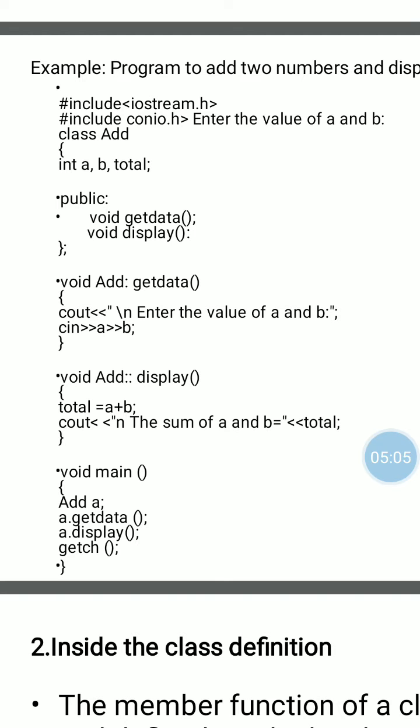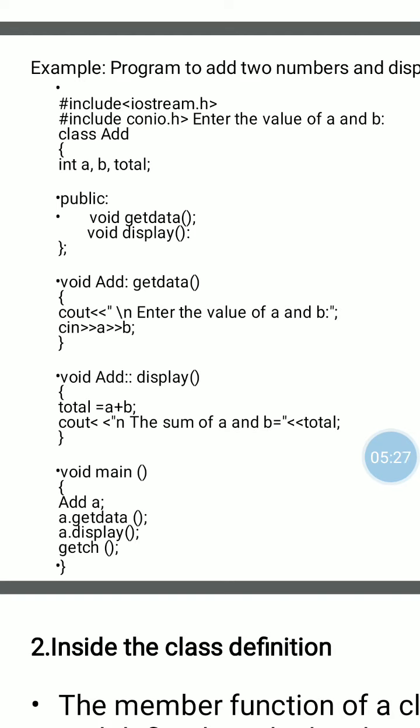Total is equal to a plus b, and then display the result, that is the sum of a and b, which is stored in the total variable. Here is a function definition outside the class with the help of class name and scope resolution operator.